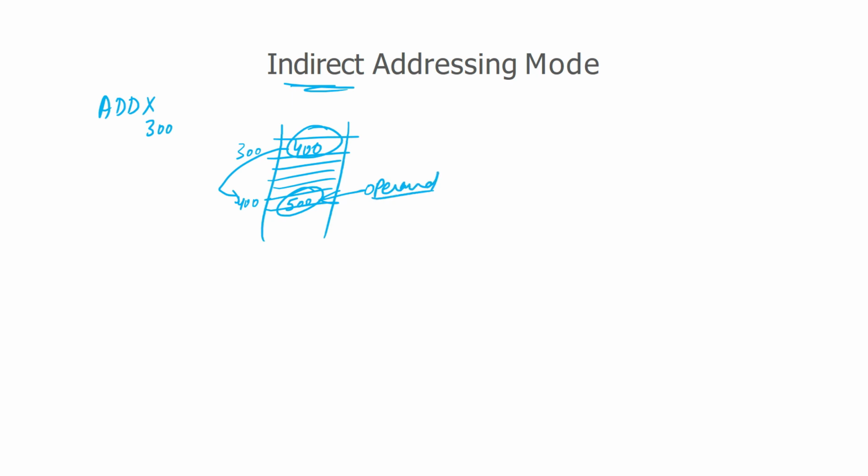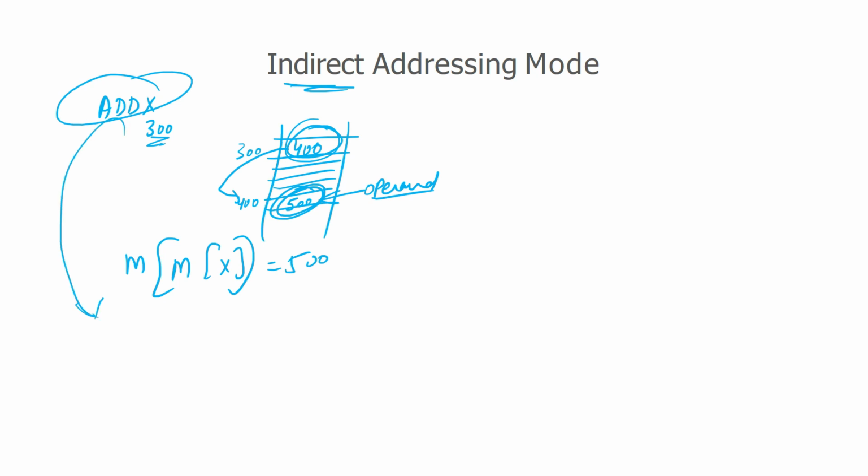So how do we express this? We express this 500 as M of x. M of x means this 400 because x was this, and again M of x because I want to reach 500. So this is 500. So I want to do add x. This is written as accumulator equal to accumulator plus M of M of x.